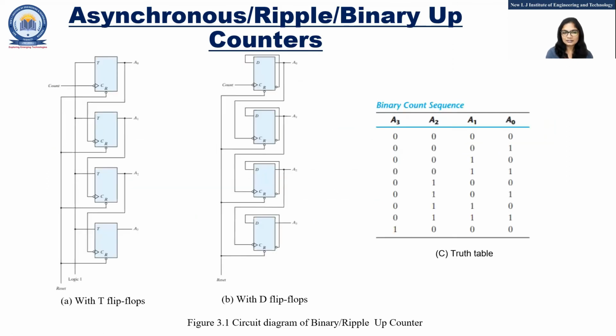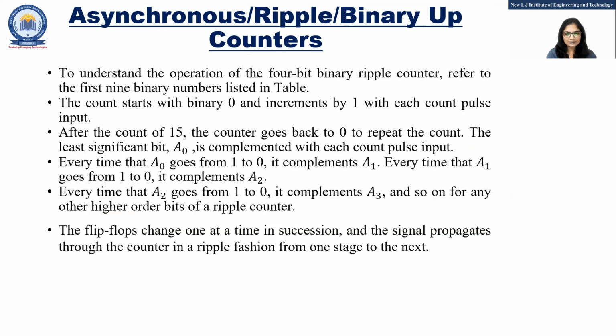Suppose in the examination the question is asked like this: design a 4-bit asynchronous counter using T flip-flop. So you can design it this way. Similarly, if JK flip-flop is given, then you have to use JK flip-flop instead of T flip-flop. So I have taken this example here.